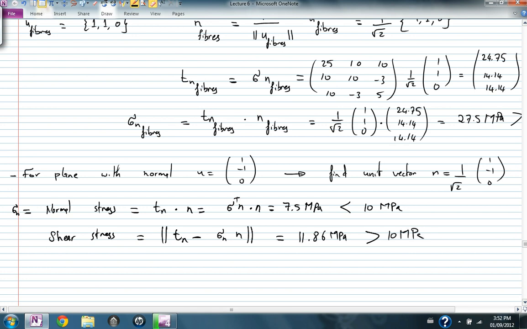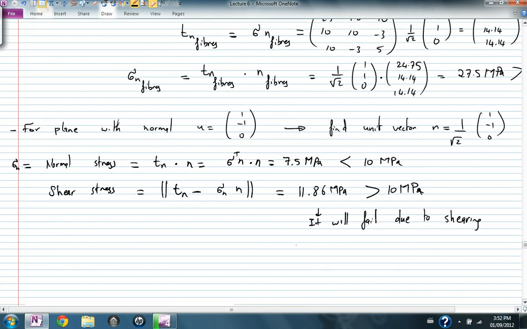So it will fail due to shearing on the plane perpendicular to n.